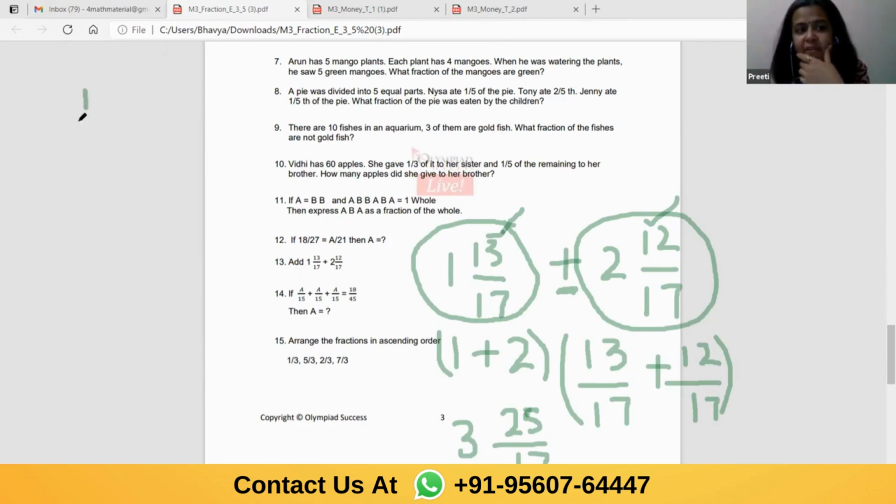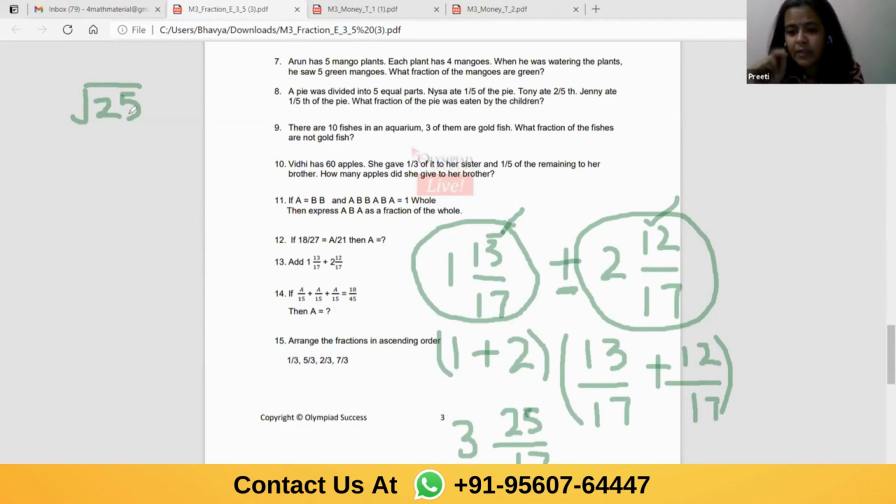How? Because, children, a mixed number is a combination of a whole number and a proper fraction. Is 25 upon 17 a proper fraction? No, it is an improper fraction because the numerator is bigger than the denominator.